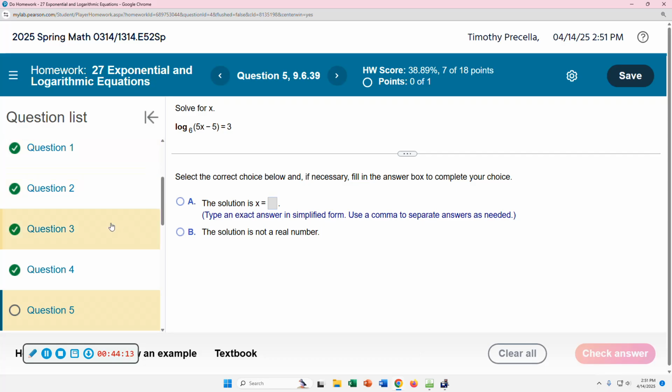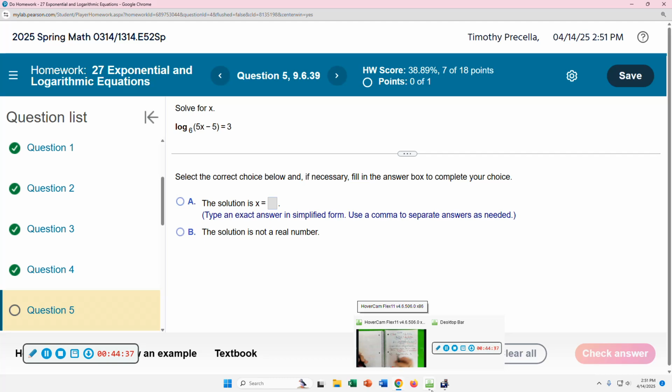This is number 5. Log base 6 of 5x minus 5 is equal to 3.